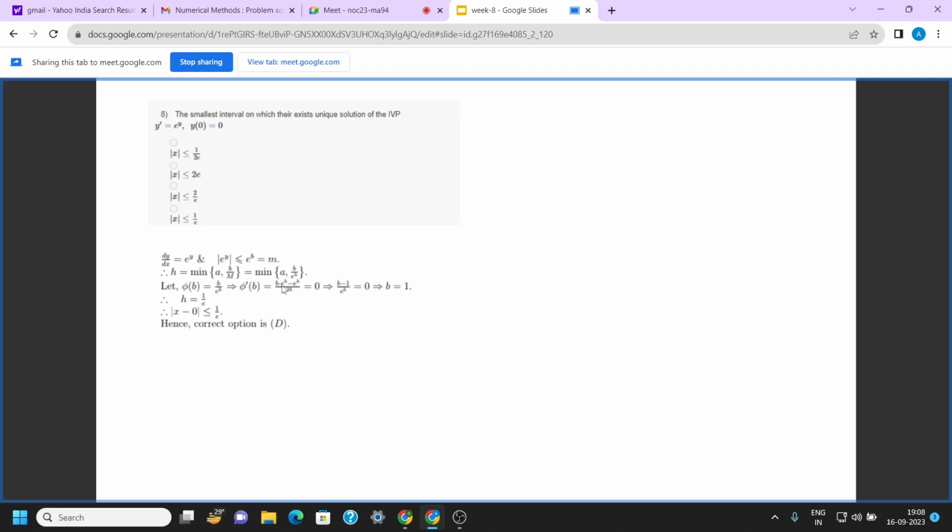So it will be b into the derivative of, oh sorry, e power b, minus e power b, derivative of b, upon e to the power 2b, equals 0.